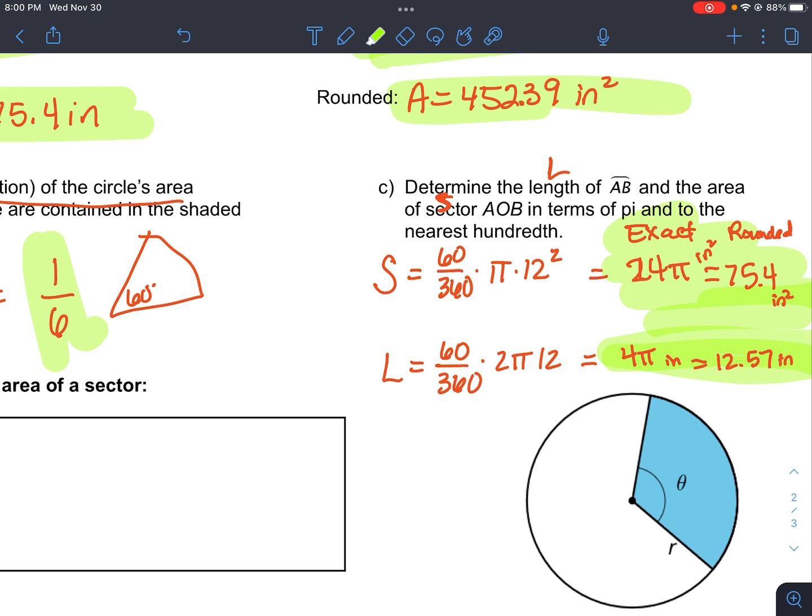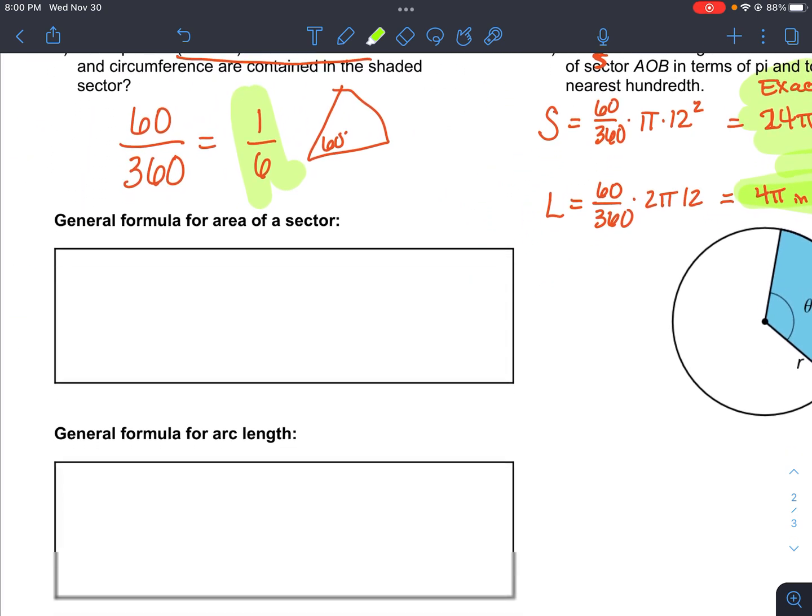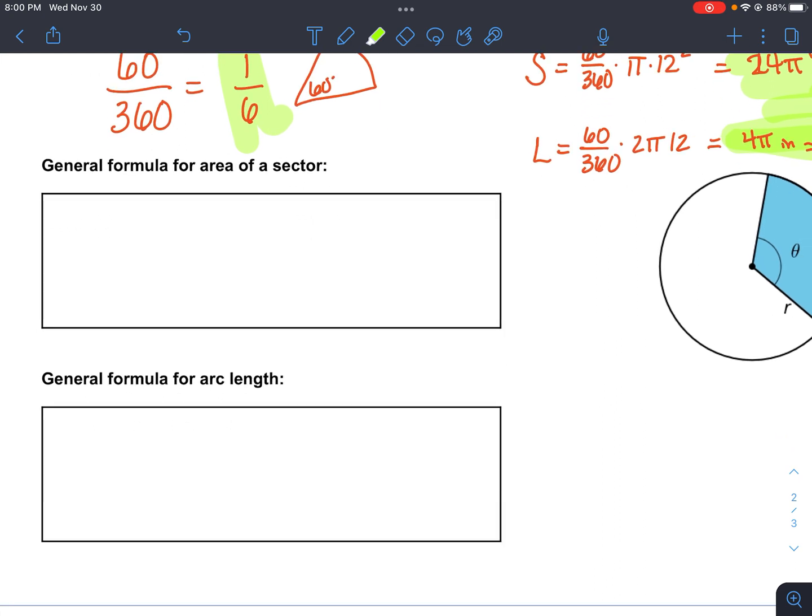All right, so the general form, and again, if you need to pause, pause. The general form for the area of a sector and for the arc length. Sector, I'm going to use capital S, and this is area. Arc length, I'm going to use a capital L. That is for the perimeter.